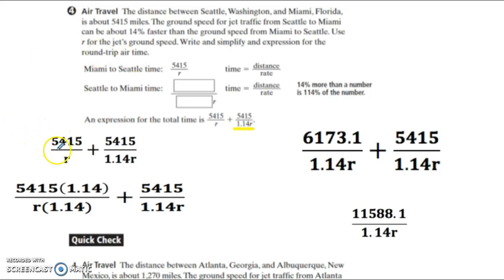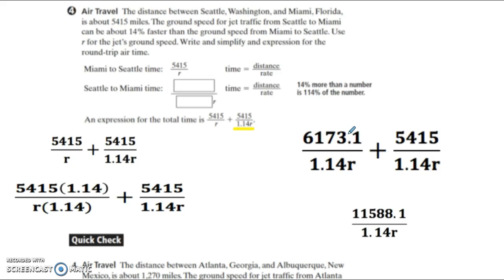So here is our fraction. And here is our fraction representing Seattle to Miami. We're going to add those, but in order to add them, we have to have like denominators again. So we're going to multiply our first fraction by 1.14 over 1.14. And we're left with 6,173.1 over 1.14r plus 5,415 over 1.14r.